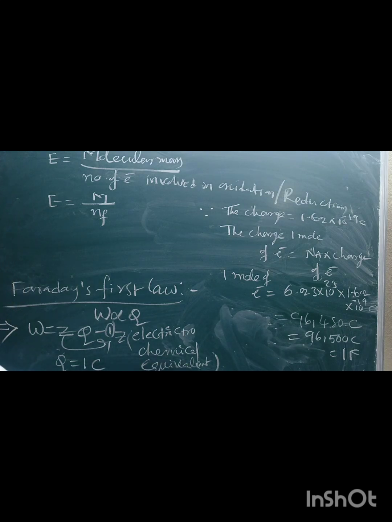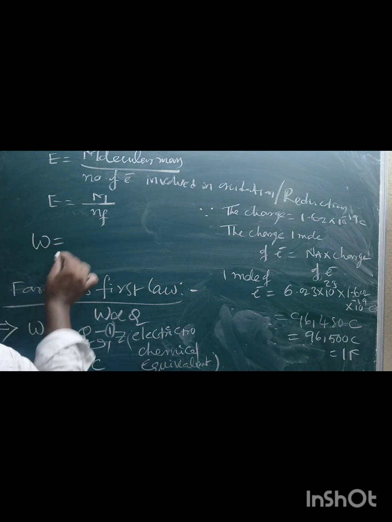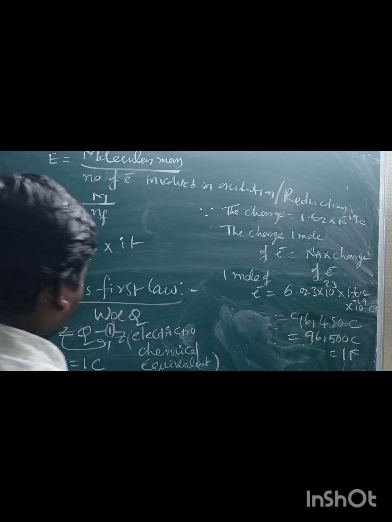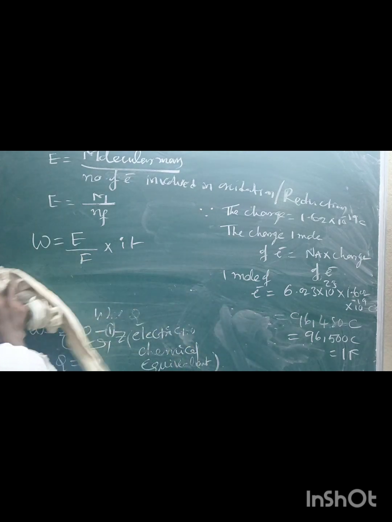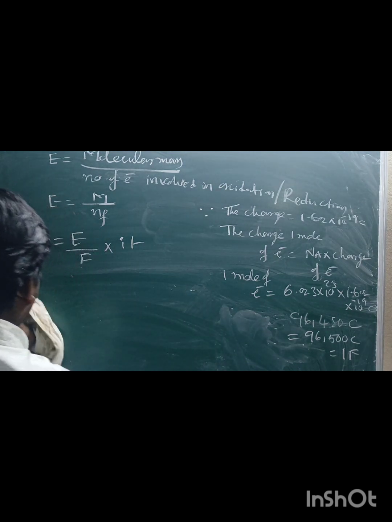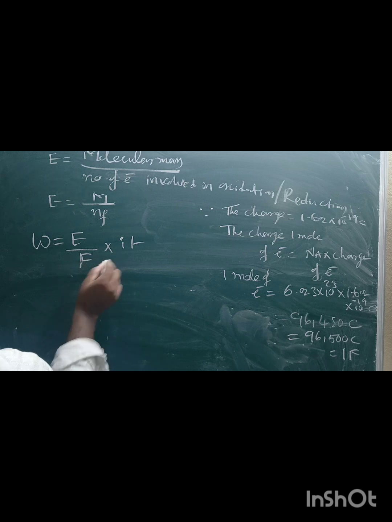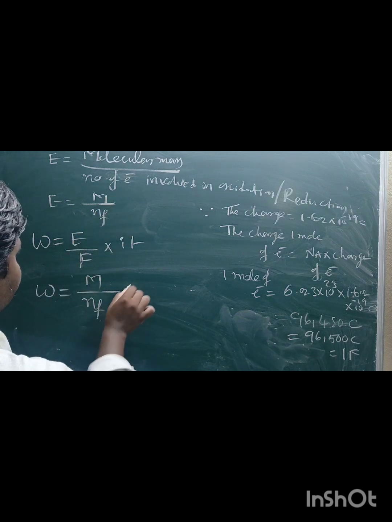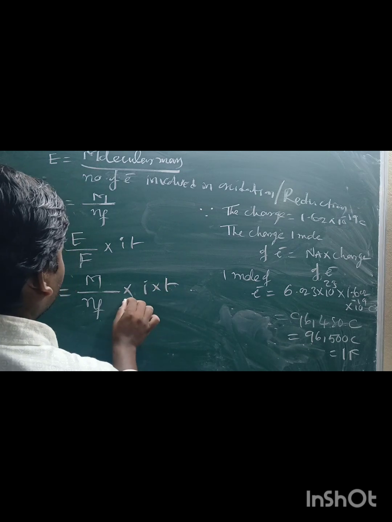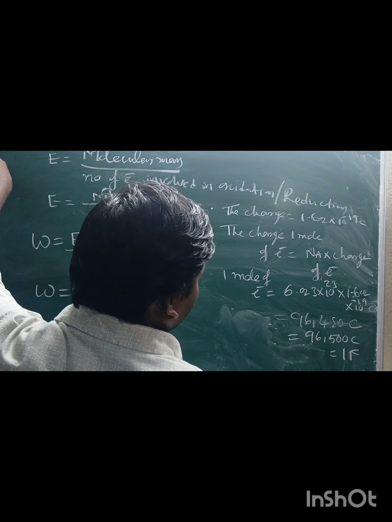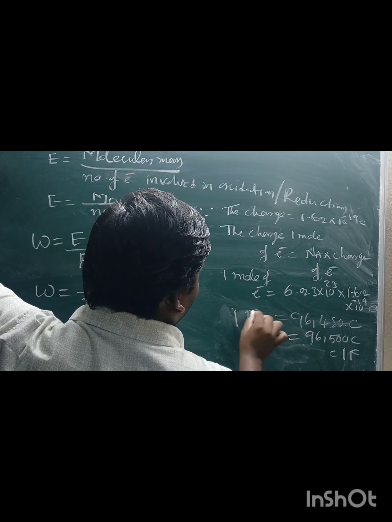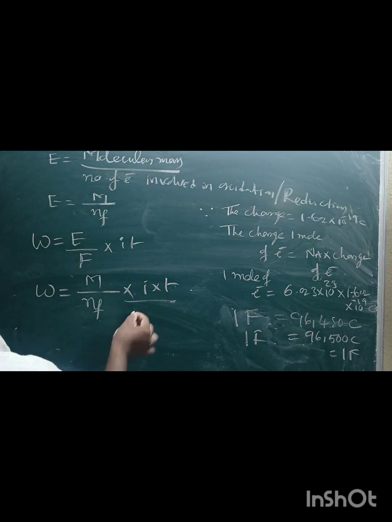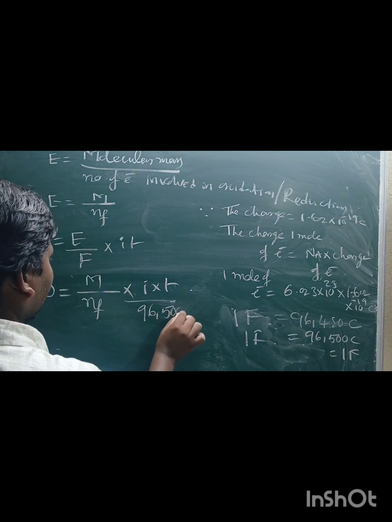Now, what is the formula? W is equal to E by F into IT, where E is equal to M by n, and 1 Faraday is 1 mole of charge of electrons, equal to 96,500.